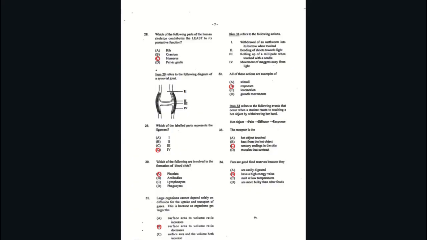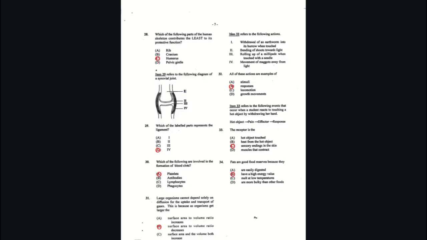All of these actions are examples of responses, right? Because all of them literally had a stimulus, and we know that there has to be a stimulus for there to be a response made. So obviously the earthworm was touched, that's why it moved. Shoots move towards light. There's a stimulus that caused it to move.